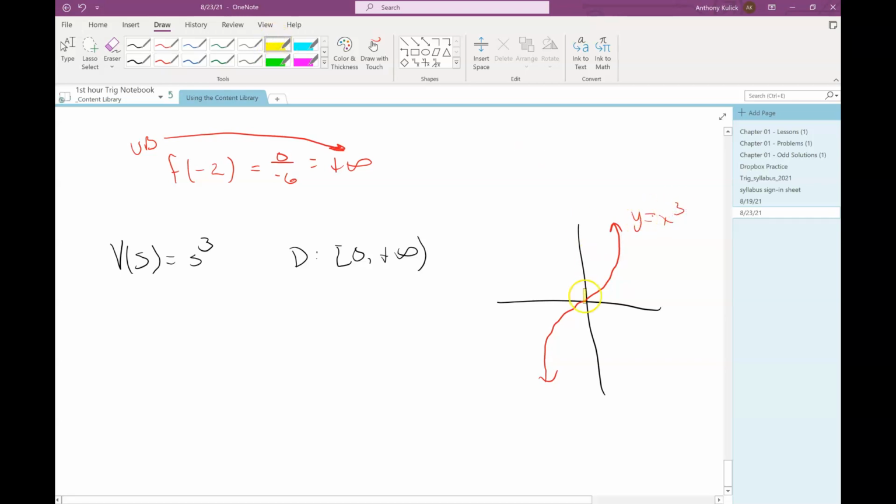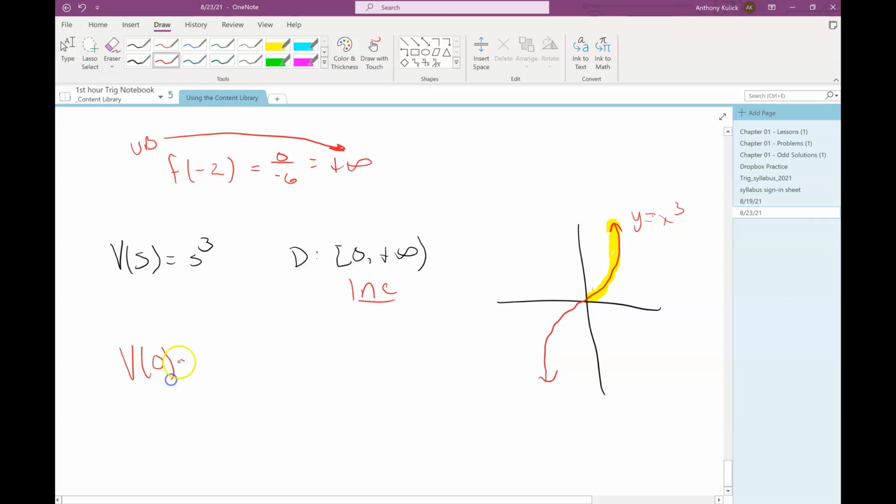And the part that we are interested in, since our domain is just the positive reals, was here. So again, we can tell that that's increasing. So it's really pretty easy there.